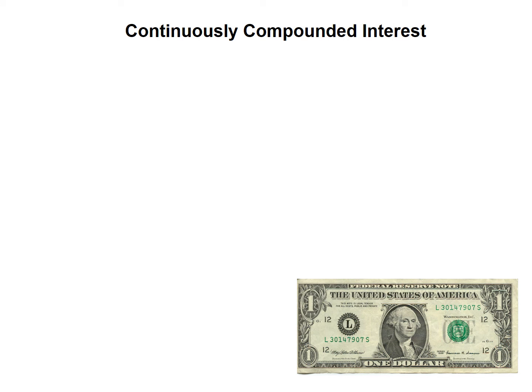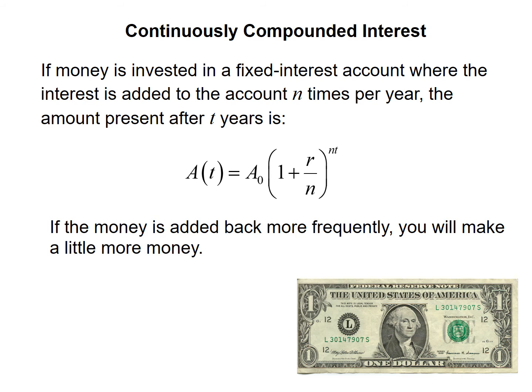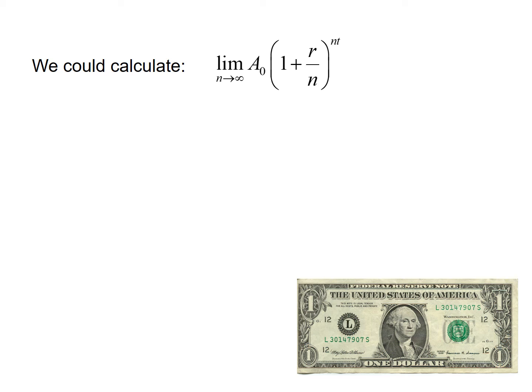All right, so let's look at compounded interest. You guys have seen in the past this formula here for interest that's compounded at some rate, some number of times per year. Well, it turns out the best we can do with compounded interest is to compound continuously. If we do that, we take the limit as n goes to infinity, so we compound an infinite number of times per year.